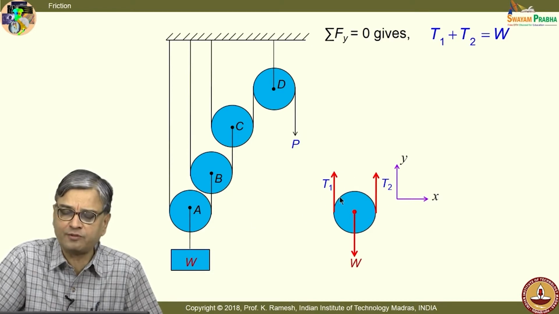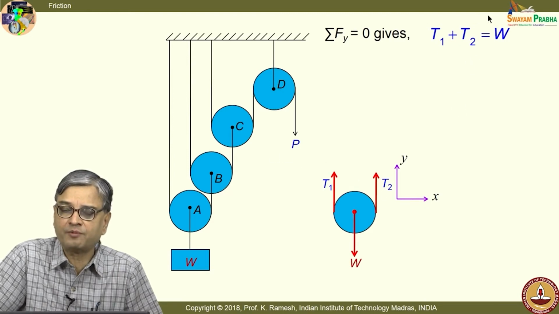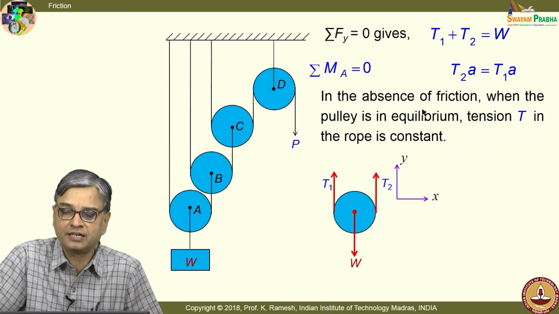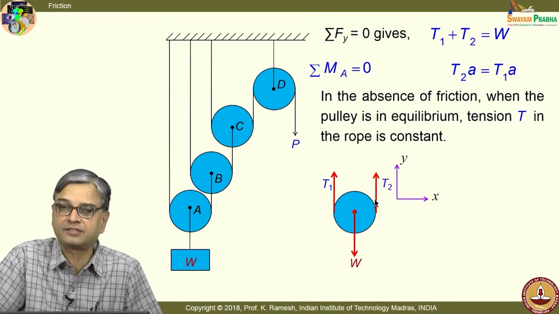That will turn out to be T1 equal to T2. And from the equilibrium of the pulley, I have T1 plus T2 equal to W. Because I do not have friction, I get this expression. The tension remains constant, only the pulley changes the direction, that is all it does.